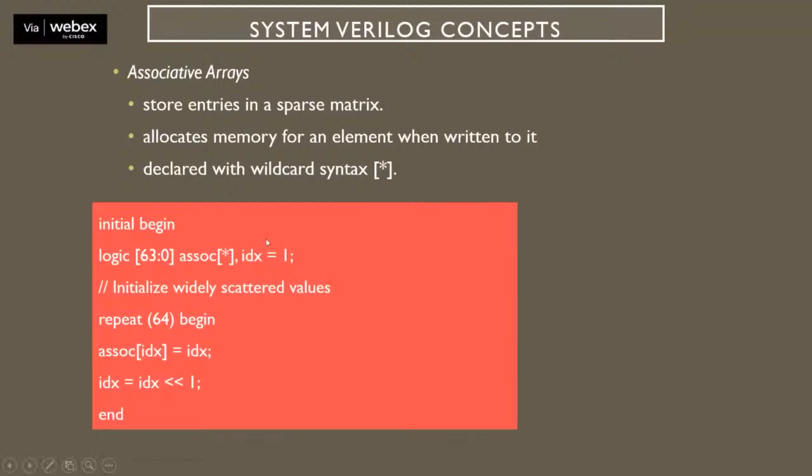You are going to have the associative index given as IDX with the location 1. Then you assign the values. This is just an initialization process, not a function that is actually being done. This is just to show where the associative arrays can be used.